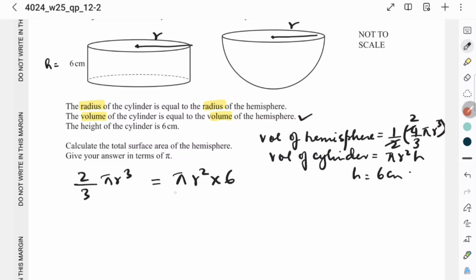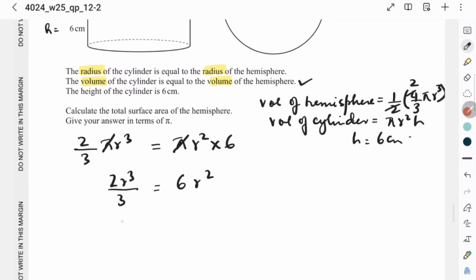So here we can cancel the pi. Then 2r cube over 3 is equal to 6r square. 2r cube is equal to 3 times 6, 18r square. Okay, 2r cube upon r square is equal to 18.